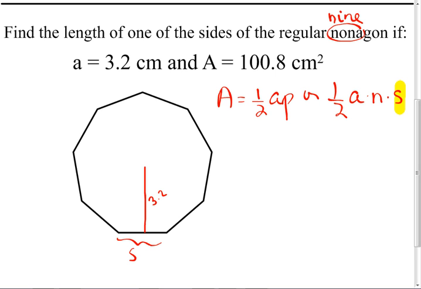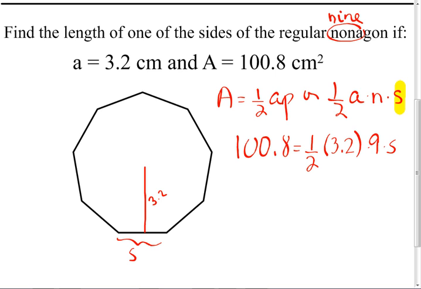So what goes in for A? No, what's A? 100.8 equals 1/2. I'm sorry, wrong A, my mistake. The apothem is 3.2. How many sides are there? 9 times the side. Is it easy to miss one of those little factors?